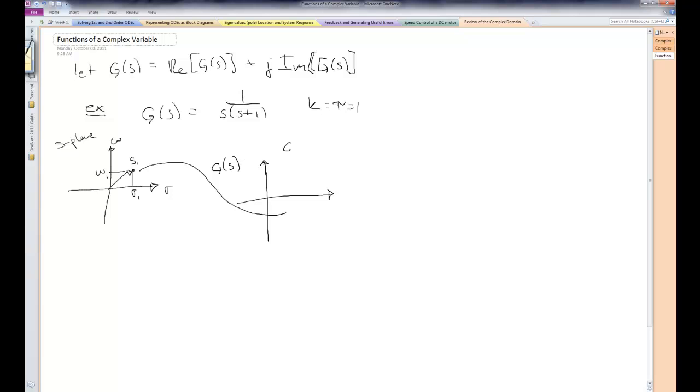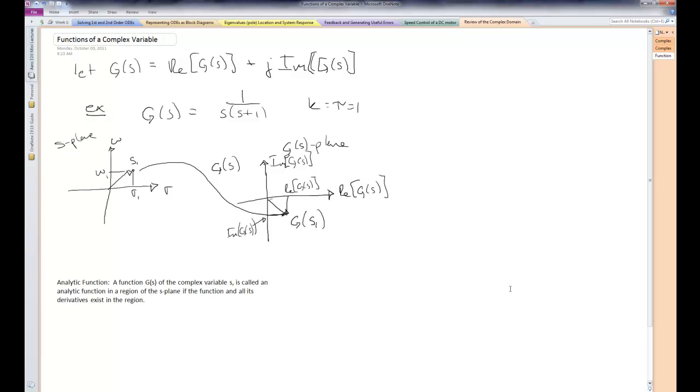So this would be the G of s plane, and there would be some phasor which is G evaluated at s1. It would have for its axes the real part of G of s versus the imaginary part of G of s, and this would be defined as the real part of G of s there, and it would have a Y component as the imaginary part of G of s.